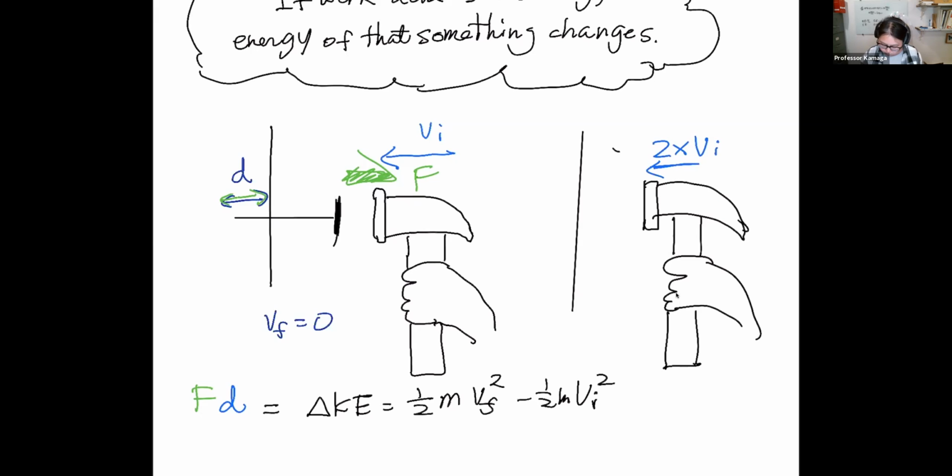So moving twice as fast. How much deeper does the nail go in compared to before? What would this new distance be?